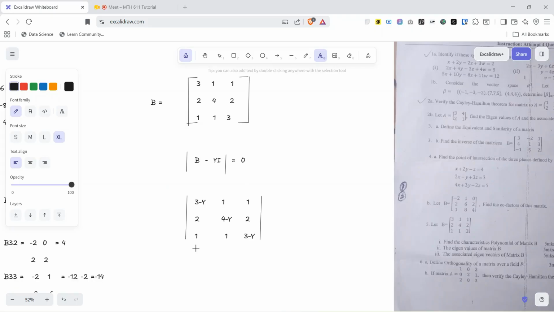So the next thing we now have to do is to solve this.